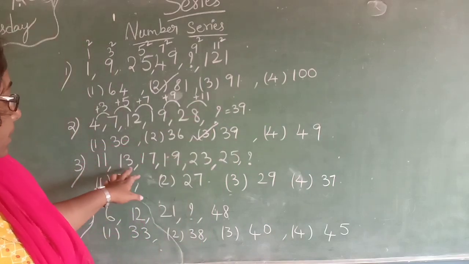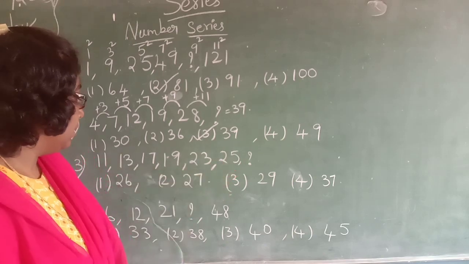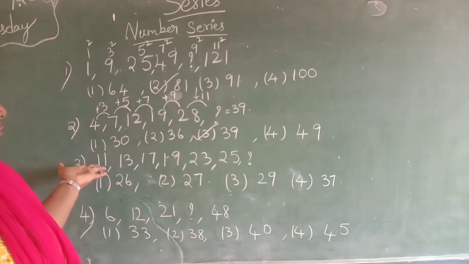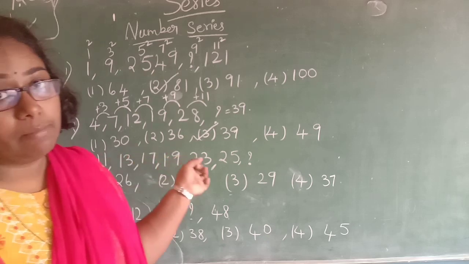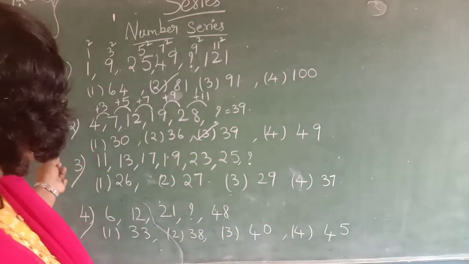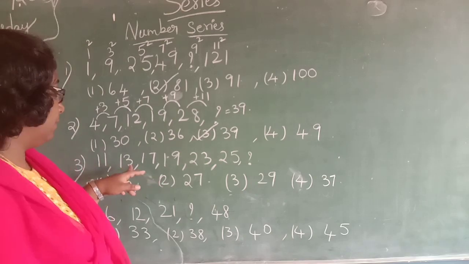Next one. 11, 13, 17, 19, 23 and 25. For this, we just need to check whether it is an odd number or a square number or whatever, because after 11 the number should be 12, but they have given 13.